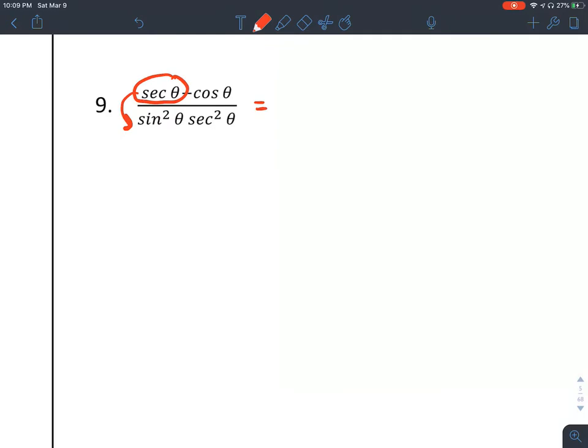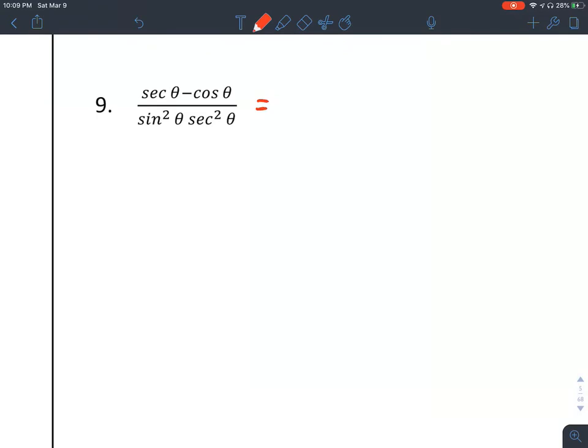You're thinking, why can't you? You did it on the previous problem. That's because this is being subtracted from something. I could take secant squared of theta and throw it on the top as cosine squared of theta because it's being multiplied on the bottom. But if you're subtracting things or adding things, you can't switch the place of them with the fraction.